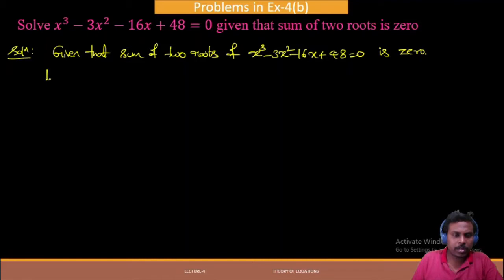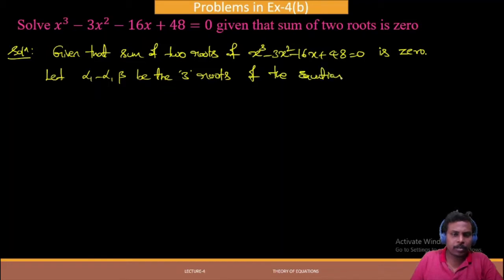So in this case, let alpha comma minus alpha comma beta be the three roots of the equation. We have seen why we have to take alpha comma minus alpha as two roots.